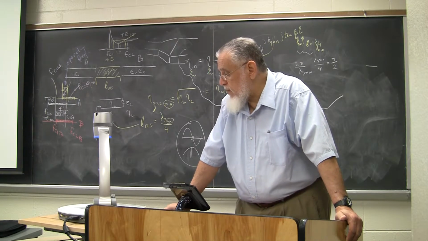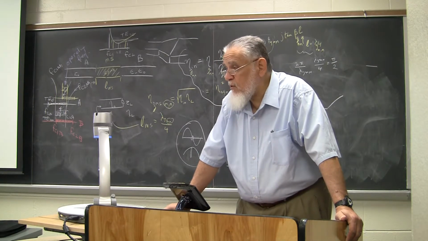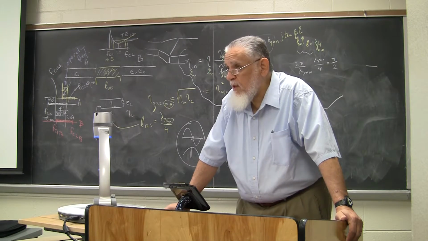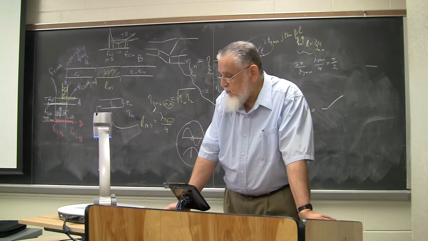The center strip will have some resistance, and the thickness obviously will be compared to the skin depth, and all these kinds of things complicate the analysis further and further.